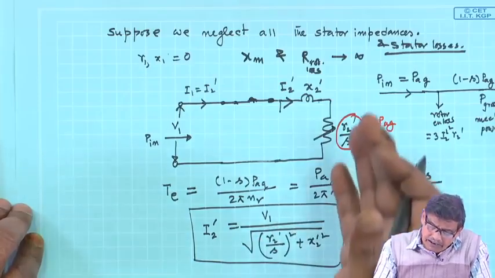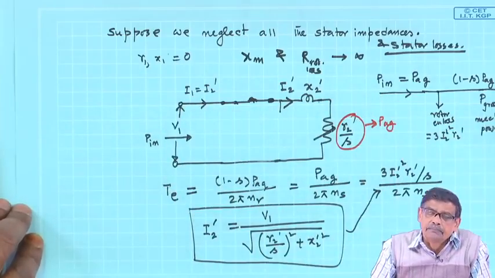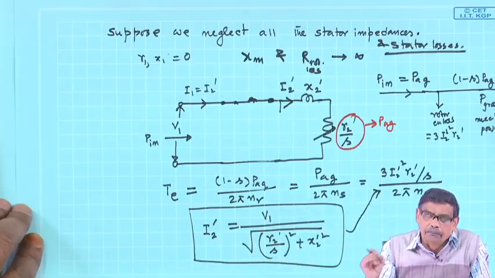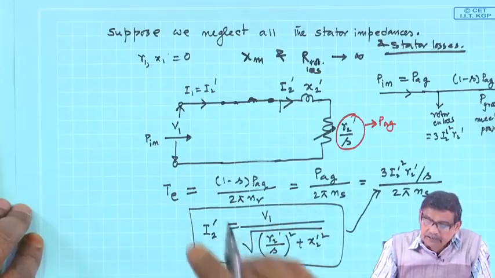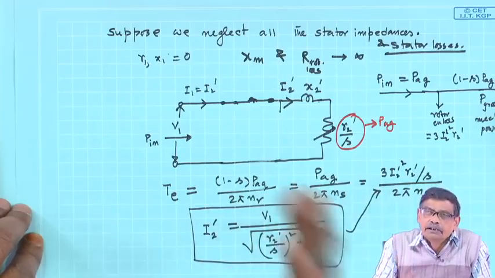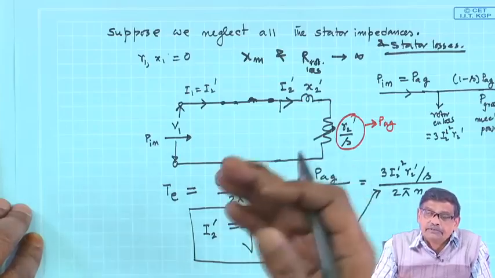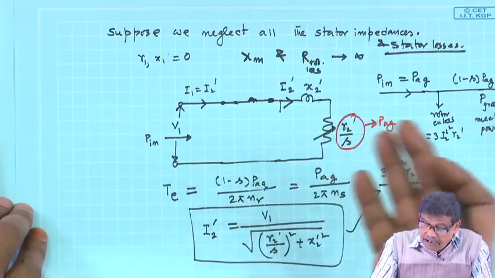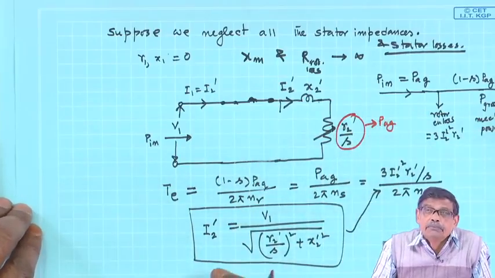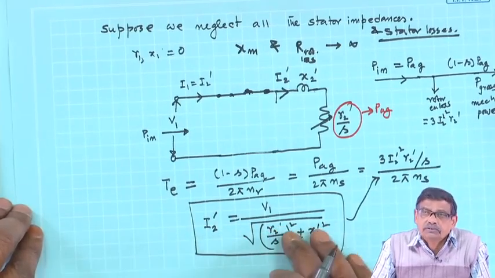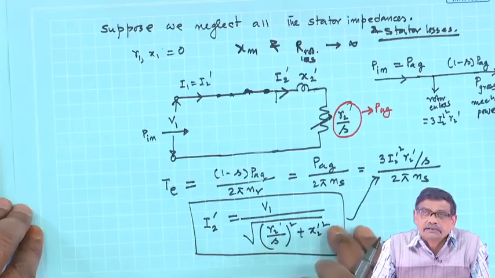Therefore, why not draw a circle diagram where for all possible values of slip, things will be there. I will be able to calculate current, power drawn from the supply, and of course, I have to identify which length of that circle diagram will represent output power, input power, etc., and those things we will discuss in our next class. Thank you.